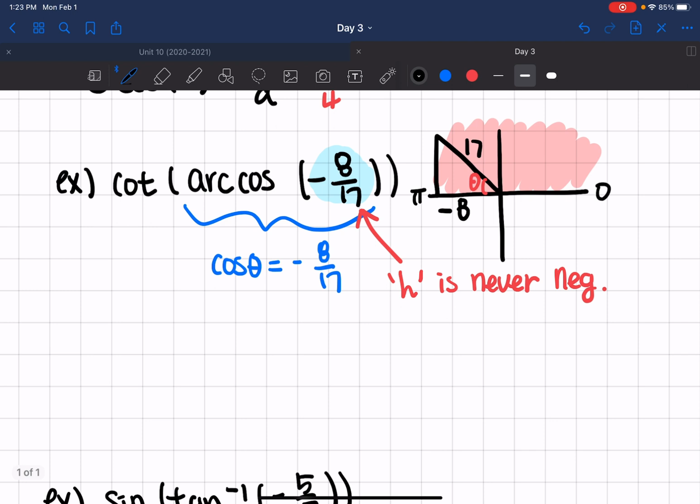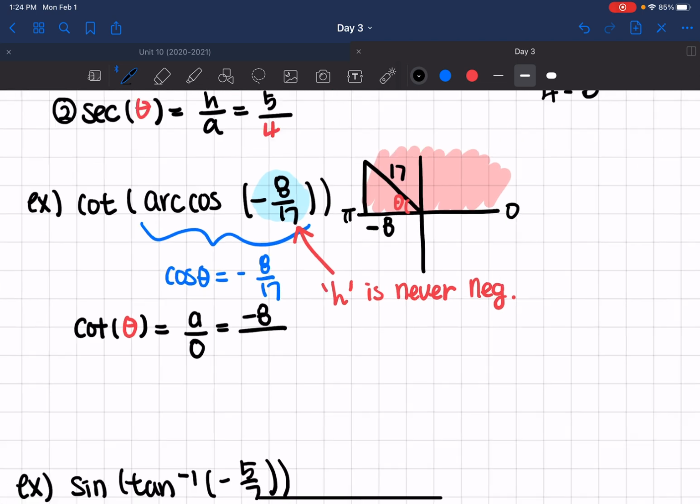And I'm going to find the cotangent of the same angle there. Remember, cotangent is the reciprocal of the tangent, so adjacent over opposite. In this case, adjacent is negative 8, but I don't know the opposite.